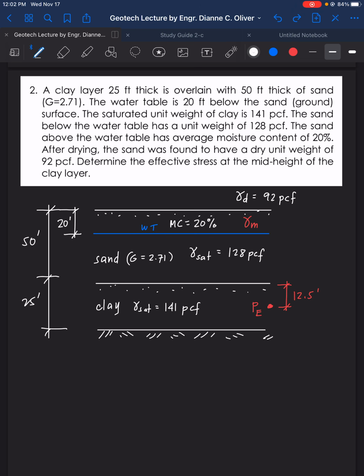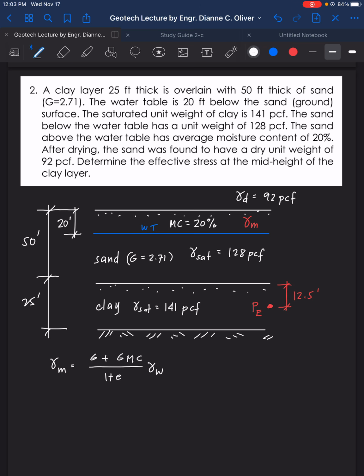To solve for gamma moist, the formula for gamma m is equal to G plus G times MC, all over 1 plus E, times gamma of water.